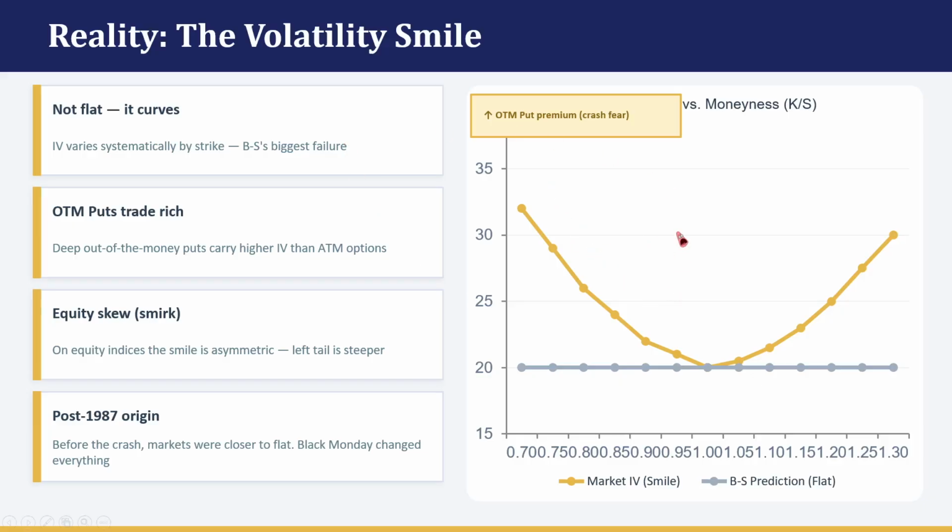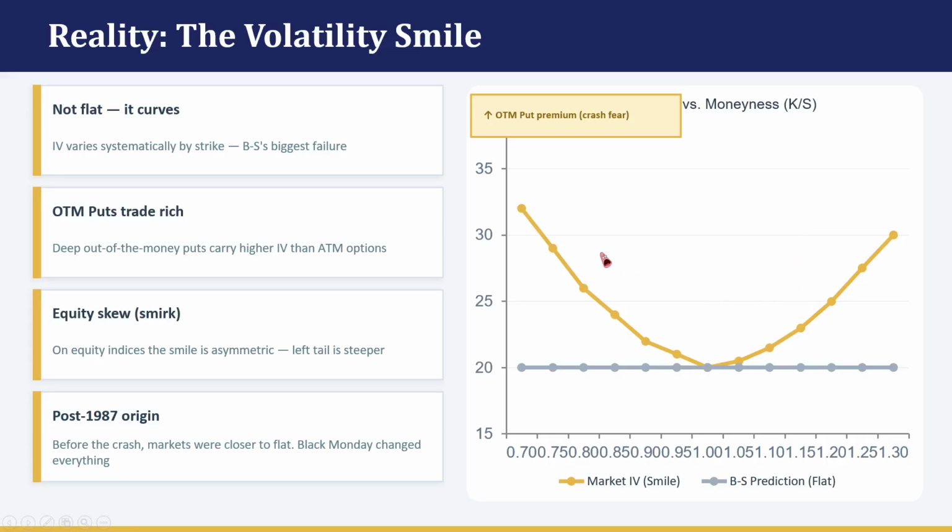The gold line is the market implied volatility plotted against the moneyness, that's the ratio of the strike to the spot price. The gray dashed line is the Black-Scholes prediction, flat at 20%. So we can see that the gold line is not flat.